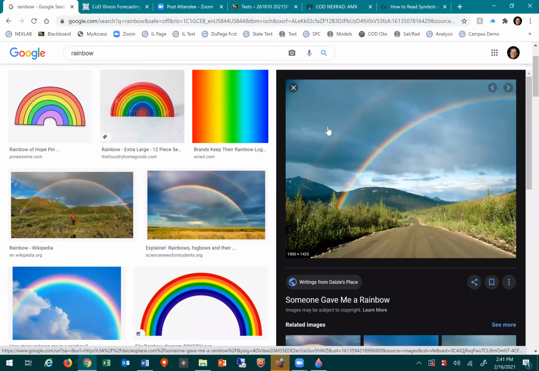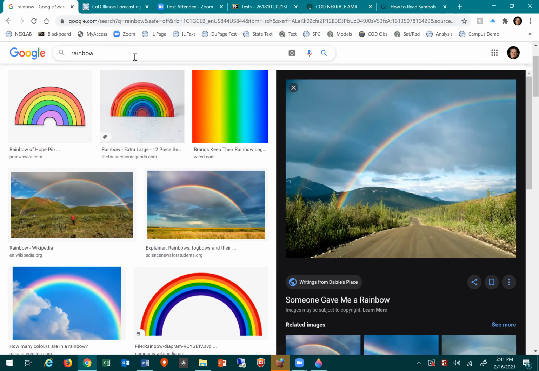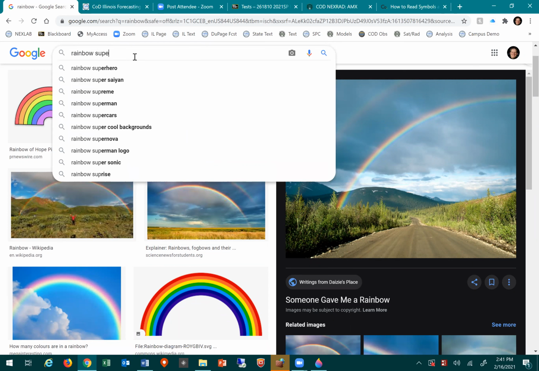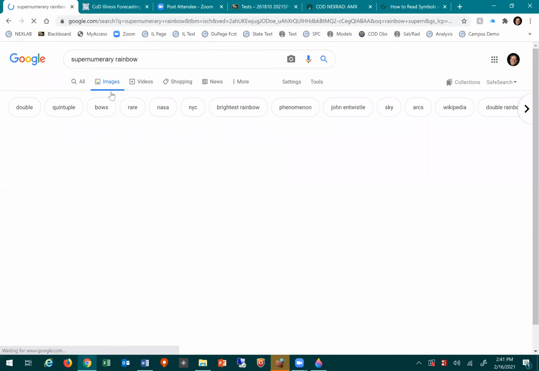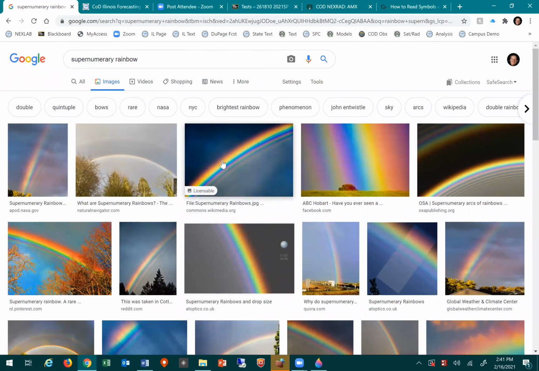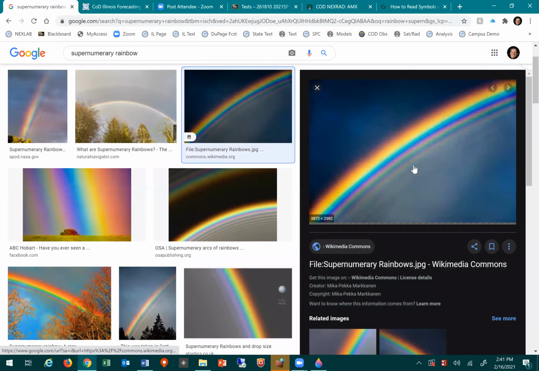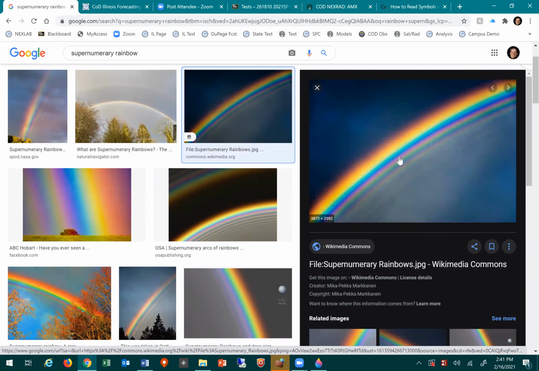But there is something called a supernumerary rainbow, which is an amazing thing, because then the greens to violets to the indigos start repeating themselves. This is called a supernumerary rainbow.